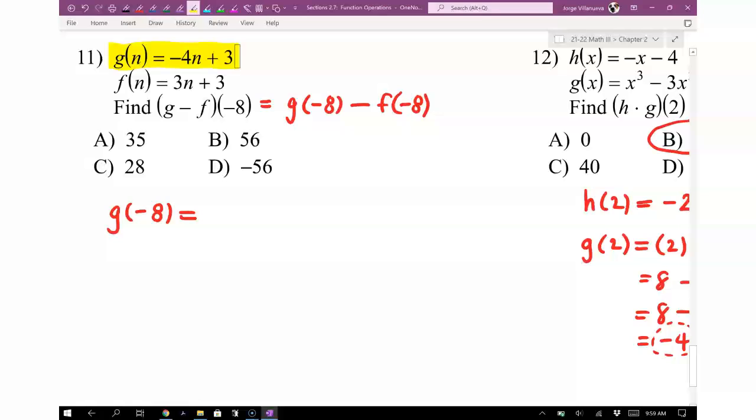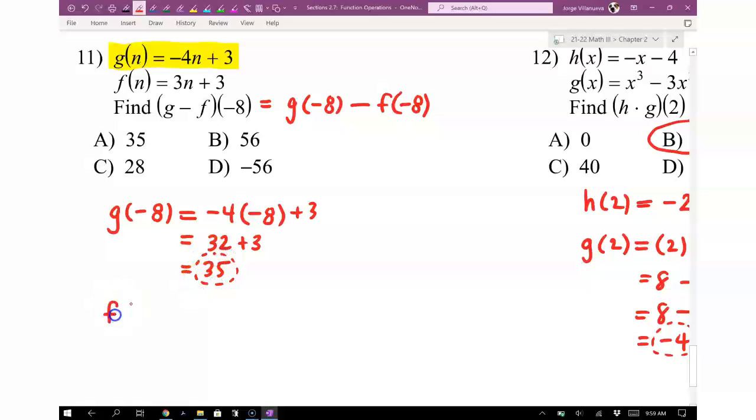So I'm going to plug in a negative 8 where the n is. Okay, so here we go. Negative 4 times negative 8 plus 3. That's 32 plus 3. So that's 35. So that's g of negative 8. That's 35. Okay, put a little dotted circle around it just so that we know that's something that we want.